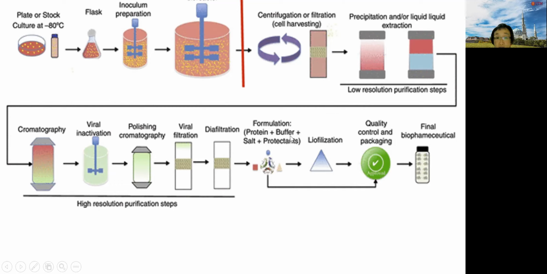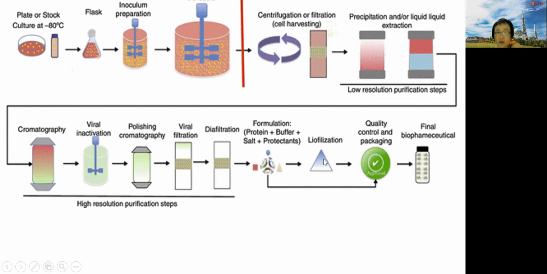Then there will be formulation. Formulation means that we have to dispense the protein, for example the vaccine, in certain stabilizing liquid called buffer or salt or protectants, some sort of preservative to keep the protein stable.